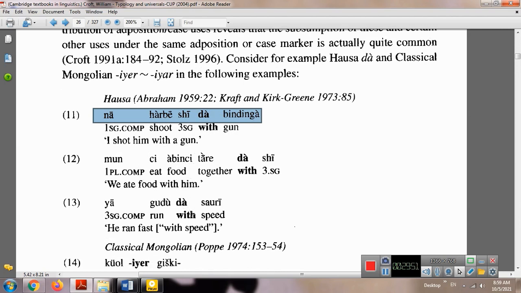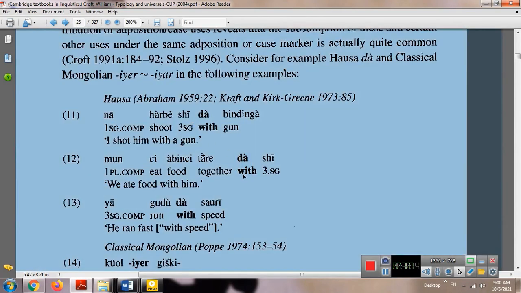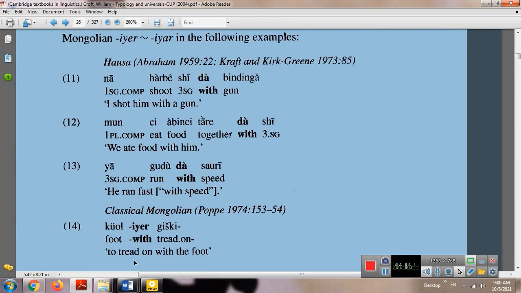Here again we have with in a different example of this language. Again, I just read the English equivalent. We ate food with him, which in Hausa is shown with da. And here with speed: he ran fast, with speed.